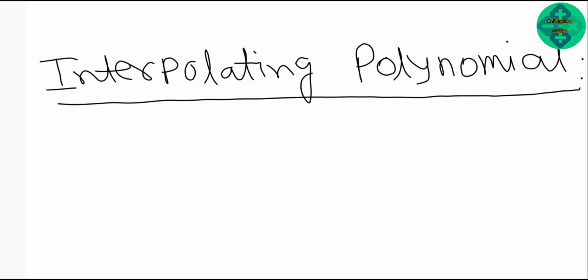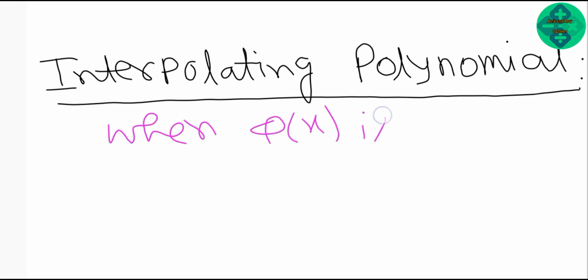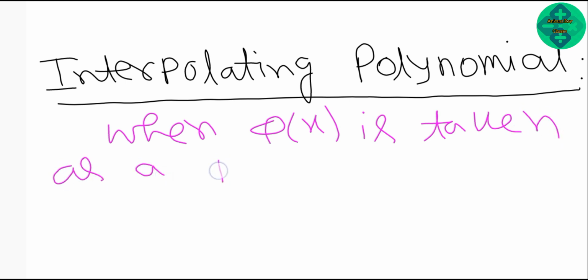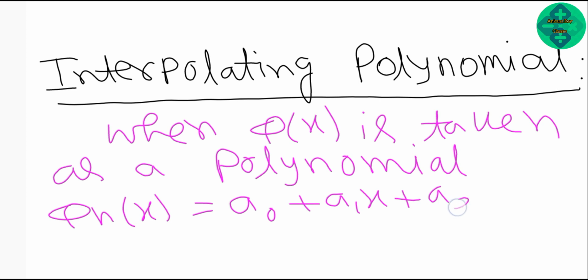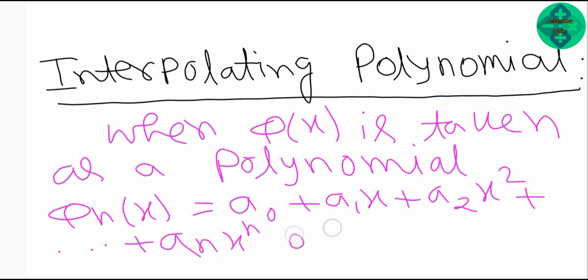So, when phi(x) is taken as a polynomial, phi n(x) is equal to a0 plus a1 x plus a2 x square plus up to an x to the power n, of degree n at most.